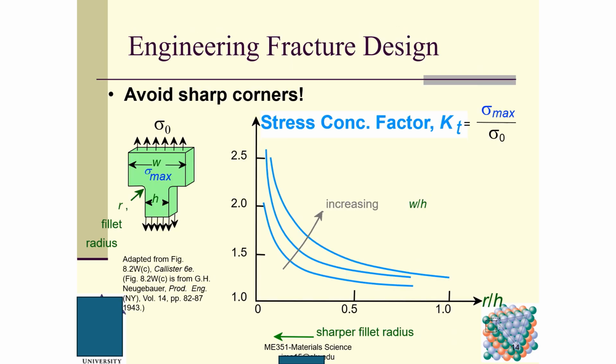And then we talk about engineering fracture design. In engineering fracture design, we have a rule: avoid sharp corners. When I teach mechanics and solid mechanics, computer-aided engineering, manufacturing processes, and machine design, I always teach my students that we need to do our best to avoid sharp corners.